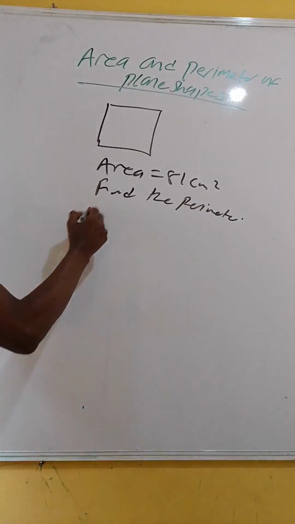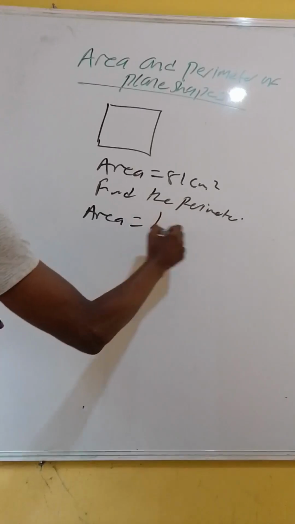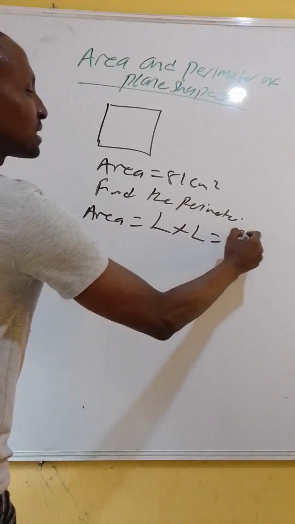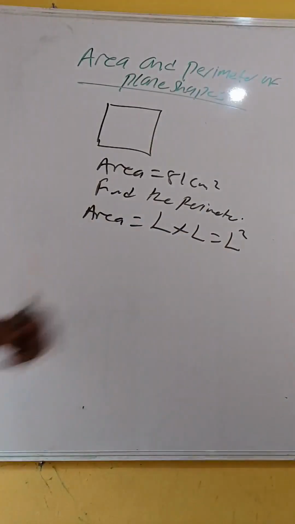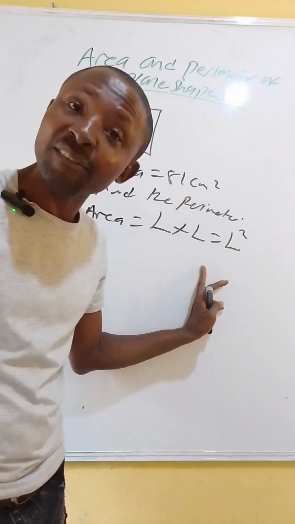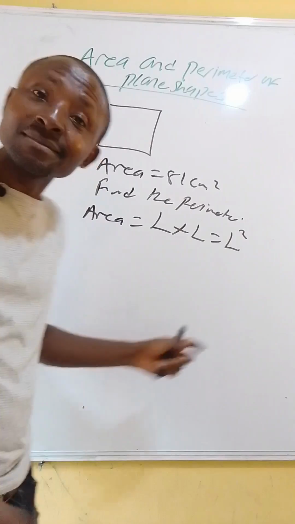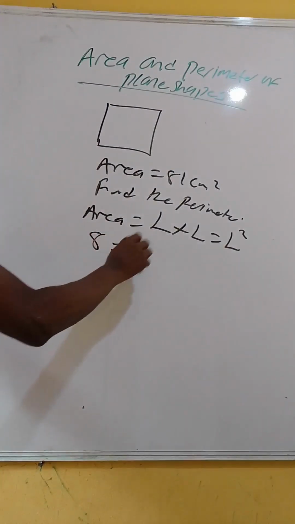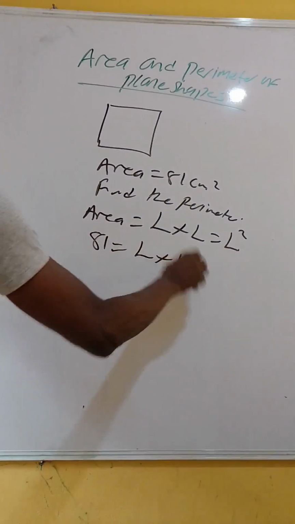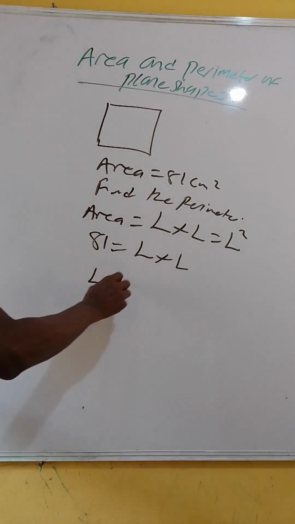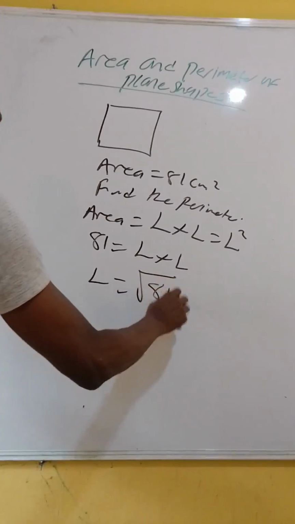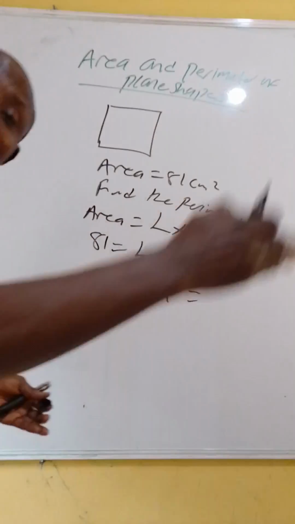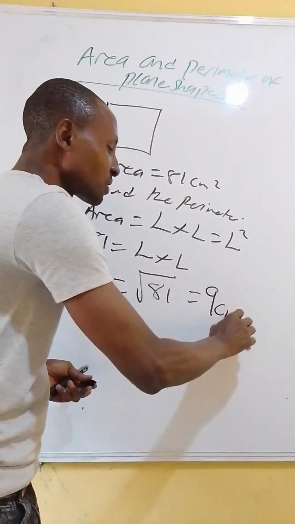You know that the area of a square is length times length, which is length square. So that means a number multiplied by itself gave us 81. So 81 equals length times length. So how do you get the length? Simply the square root of 81, because 9 times 9 will give us 81.